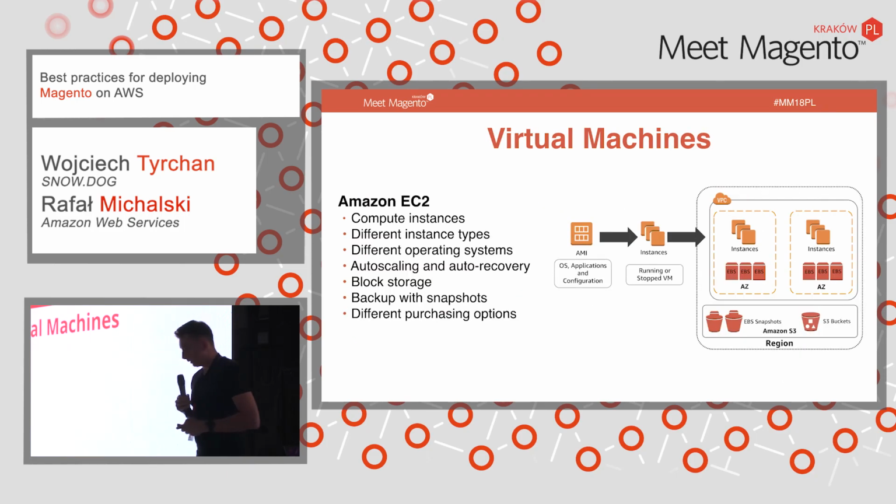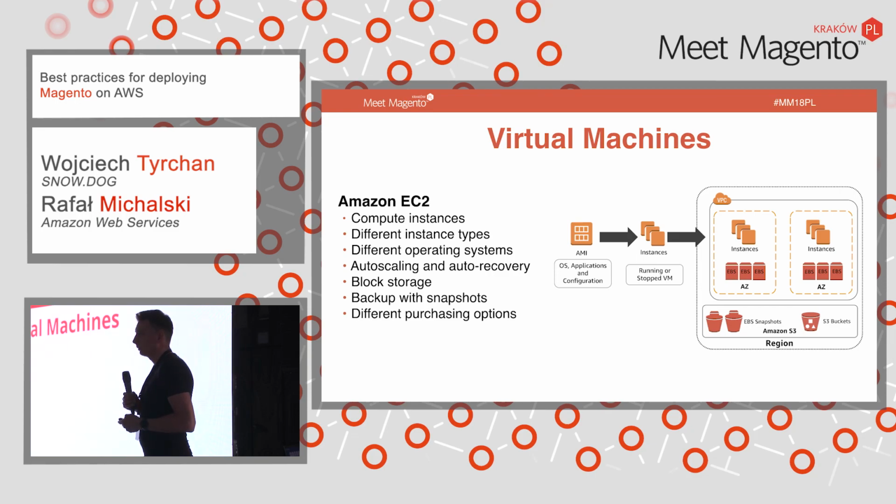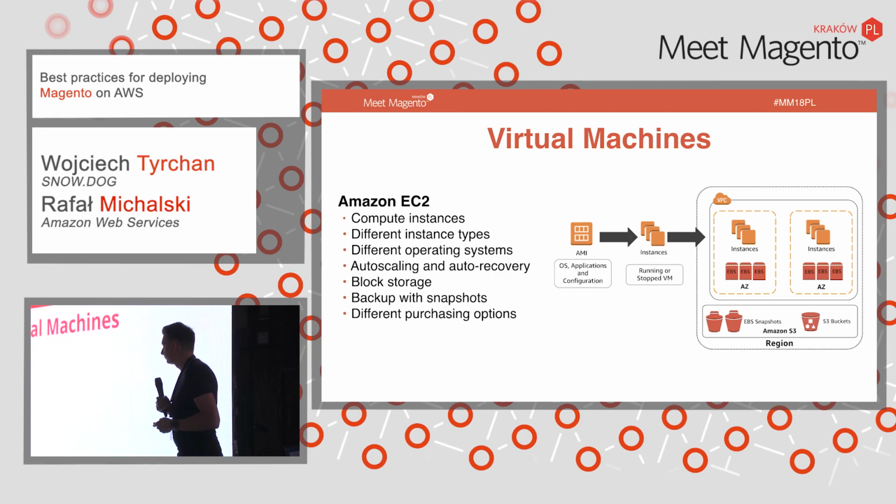Okay, so once we have our networking set up, we have our storage, then we need some virtual machines. So in the Amazon Web Services world, they are called EC2 instances. These are basically compute instances which you can also provision in multiple different types. Whether you need a lot of CPU or a lot of RAM or GPU, you can select from many different options.